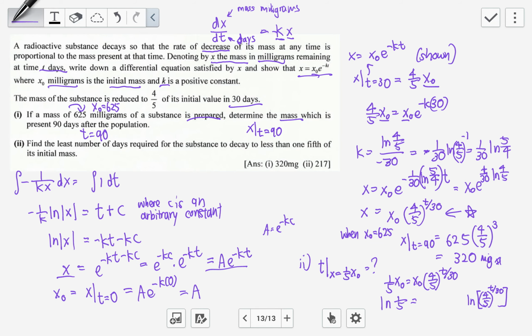would be, we can use the ln rule that says ln a^b equals b ln a, to bring this t over 30 in front. So t over 30 ln 4/5. Then next, t over 30 equals ln 1/5 divided by ln 4/5.